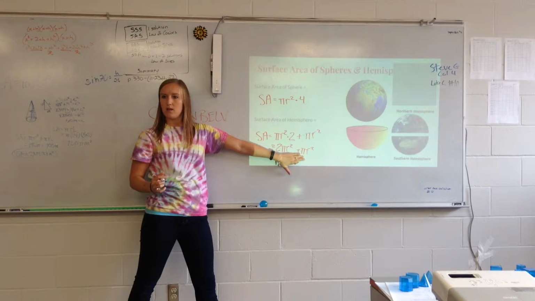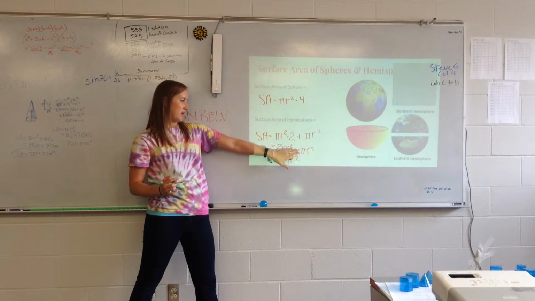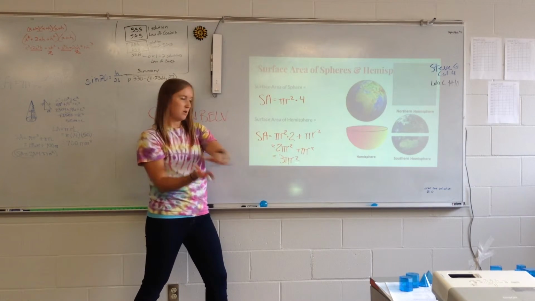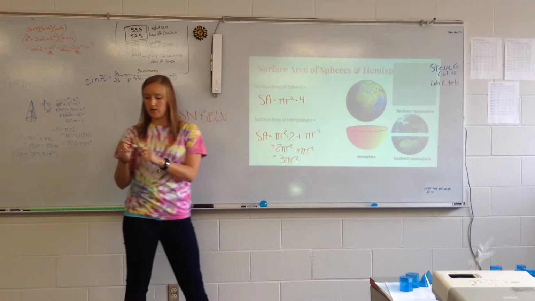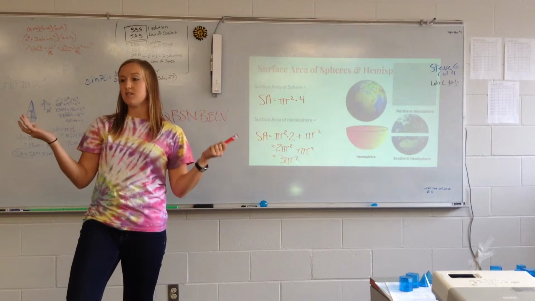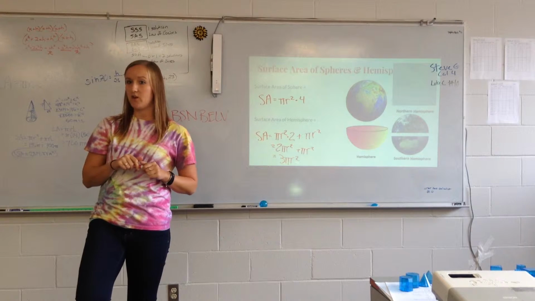Whichever way you see it better. Half of a sphere plus the base, or when we add them together, 3 pi r squared. So that's as simple as it is for a sphere and a hemisphere.